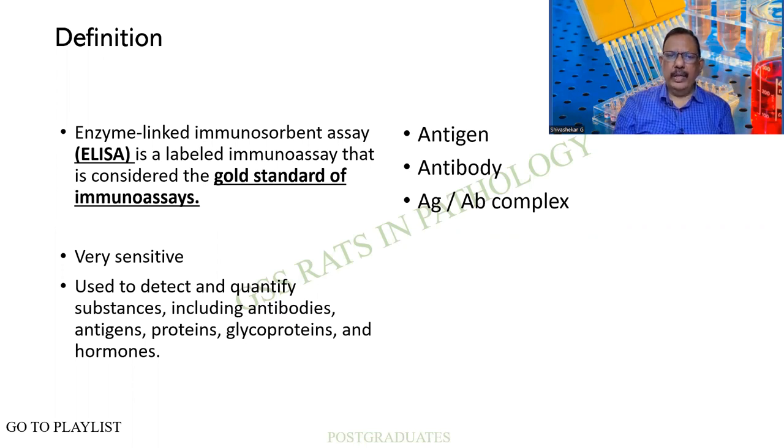They should be specific. The antigen and antibody together will form a complex which can be measured. The test is very sensitive and it is used to detect and quantify. That is the advantage of it. Quantify substances such as antibodies, antigens, proteins, glycoproteins, hormones, etc.